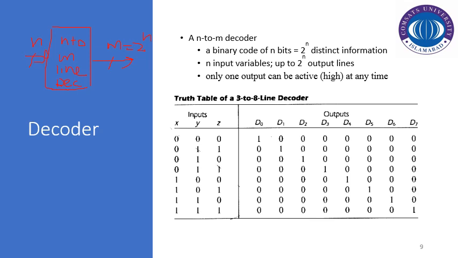One important thing which can be observed in this discussion is that by default all the outputs of the decoder are set to 0, and in order to show the change in the output, one decoder line switches its level from 0 to 1 to represent that particular code. So when we applied the code 000, the D0 line is high to show that 000 was applied at the input.